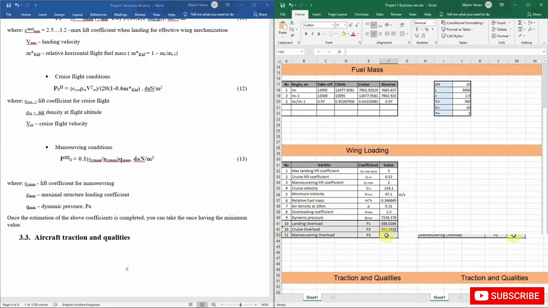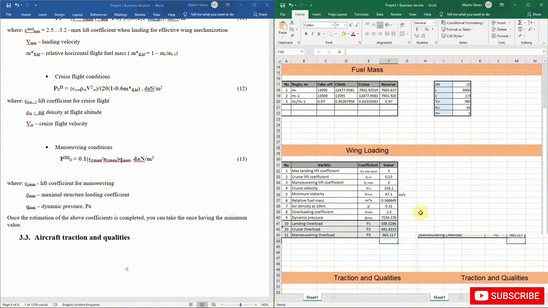And now we're ready to estimate the maneuvering overload of our aircraft. So this will be equal to 0.1 multiplied by CY maneuvering, so this one, divided by the overloading coefficient. Let's close the bracket, and this will be multiplied by the dynamic pressure that the aircraft experiences while maneuvering.